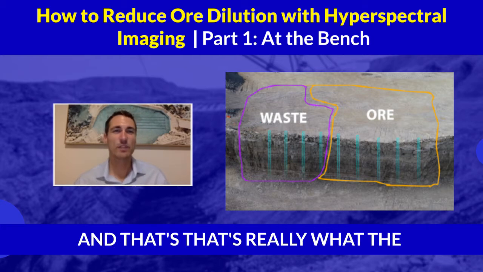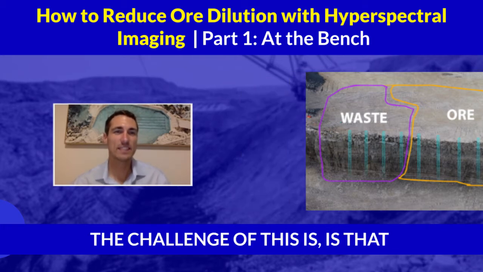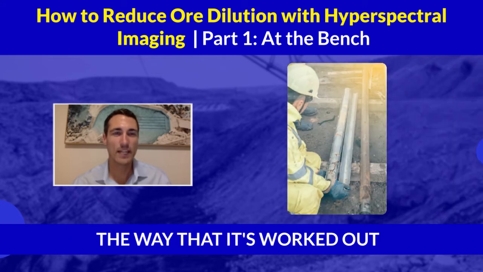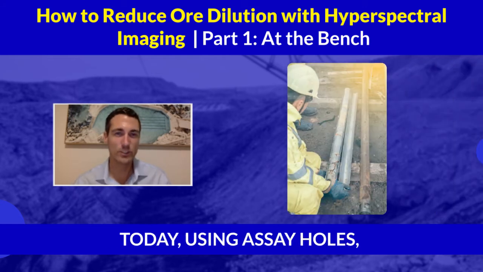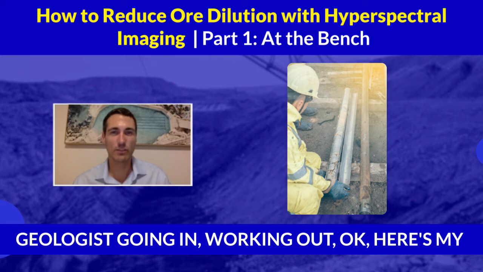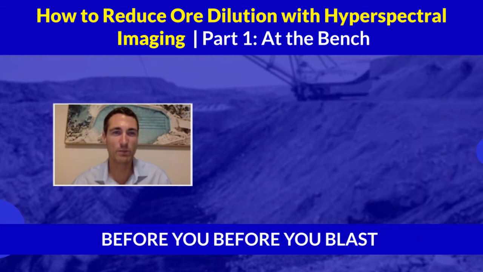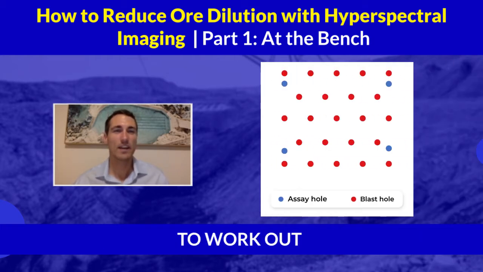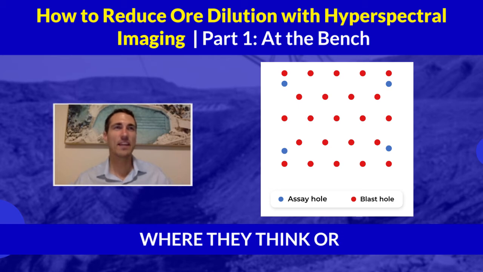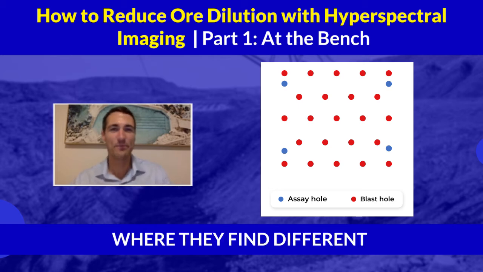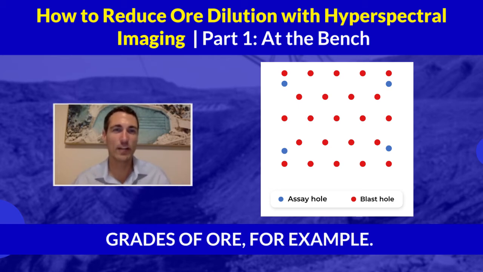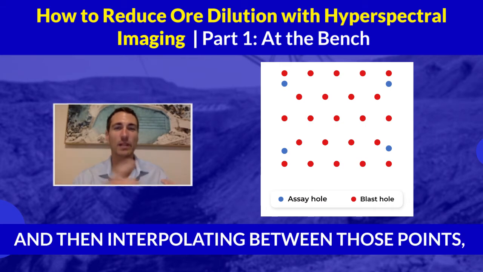And that's really the challenge: the way it works today is using assay holes, with geologists doing some basic sampling and testing on the bench before you blast, to work out where they find different grades of ore, for example, and then interpolating between those points.